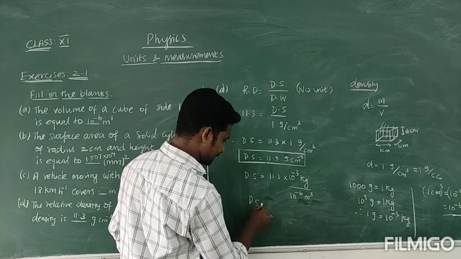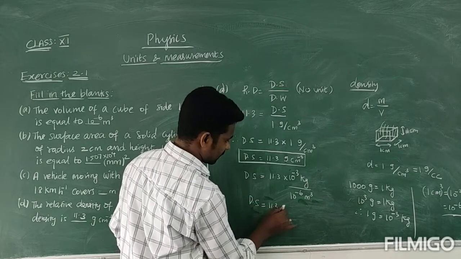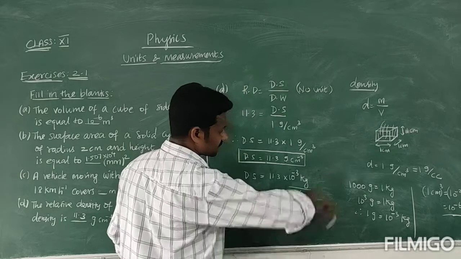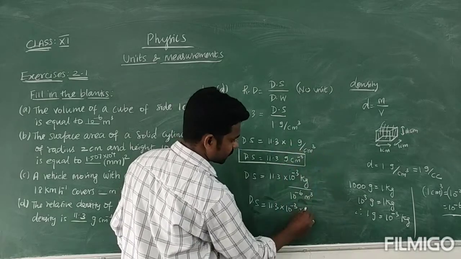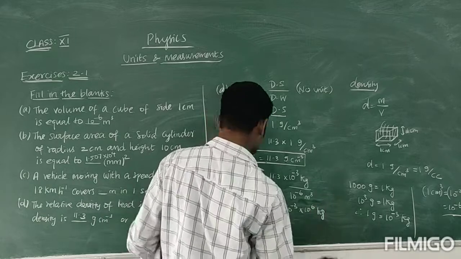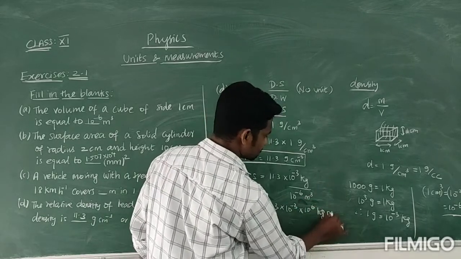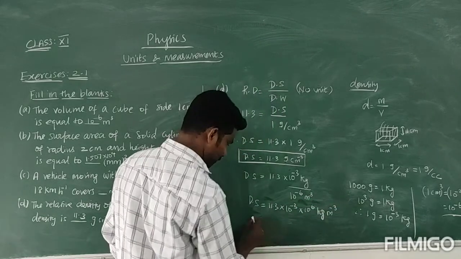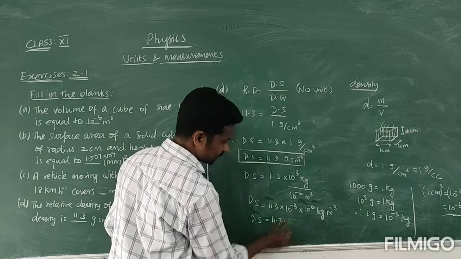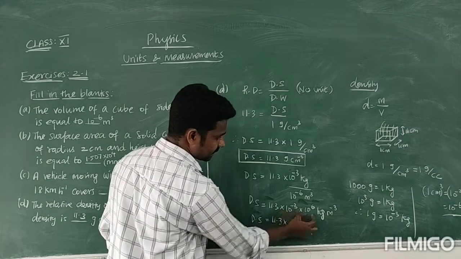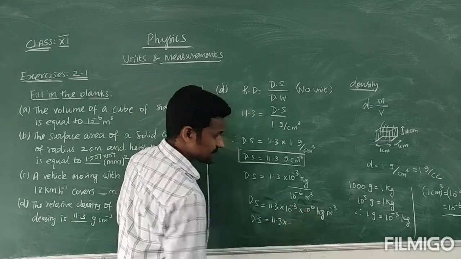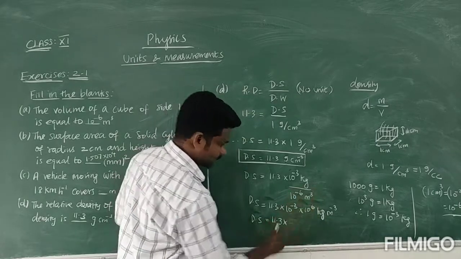So finally I can write the density of substance equal to 11.3 into 10 power minus 3, divided by 10 power minus 6, moving to numerator, 10 power plus 6. Then as usual kilogram per meter cube. So density of substance is equal to 11.3 into 10 power minus 3 into 10 power plus 6. This is a power m into a power n, so a power m plus n. You know that?